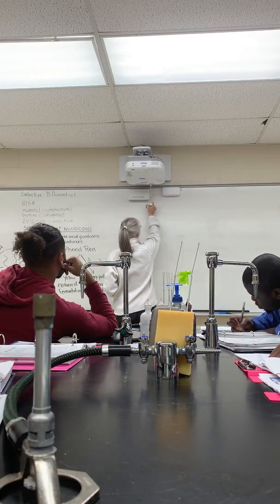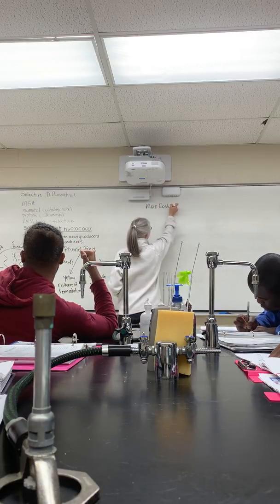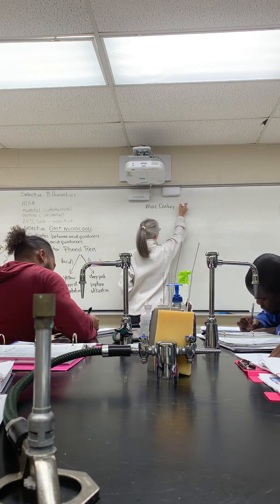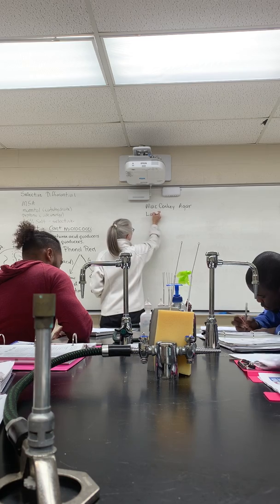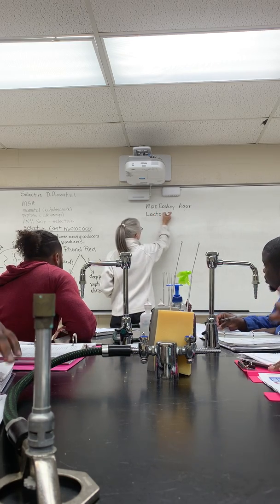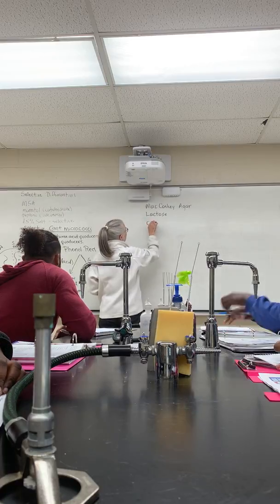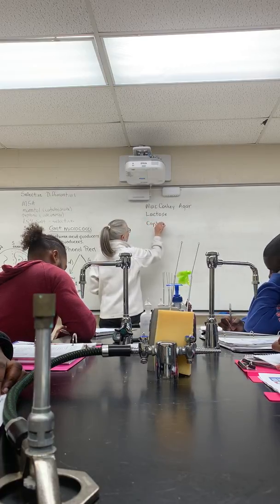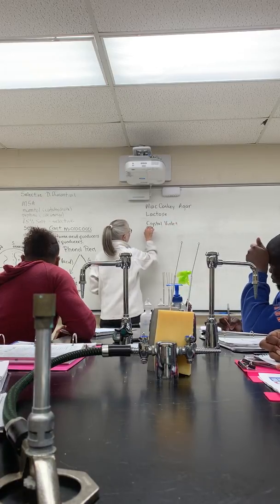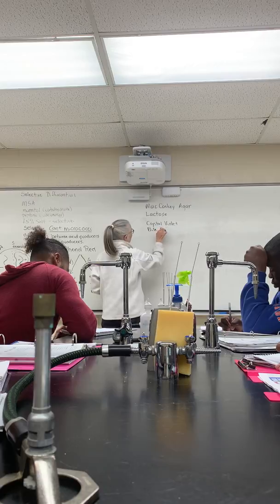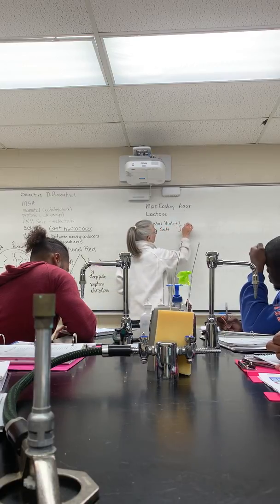The MacConkey agar also has lactose in it. This is differential. It has crystal violet and bile salt in it, and those are what make it selective.